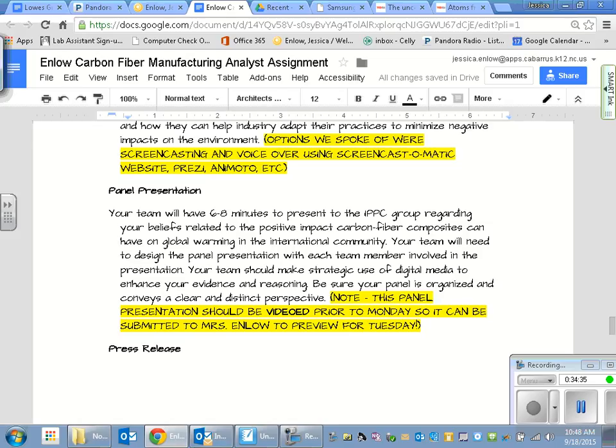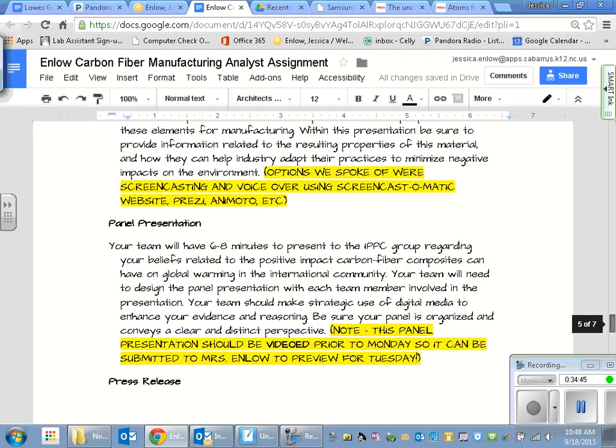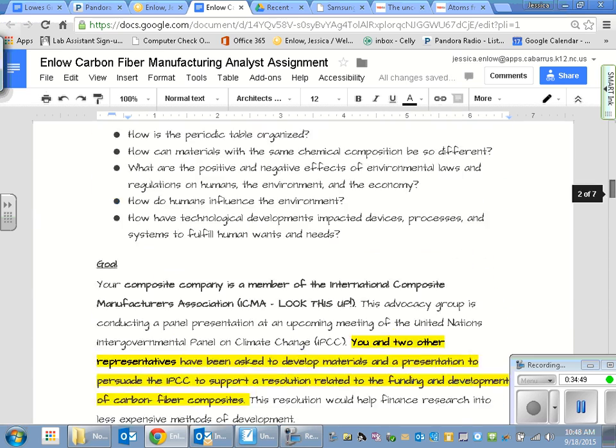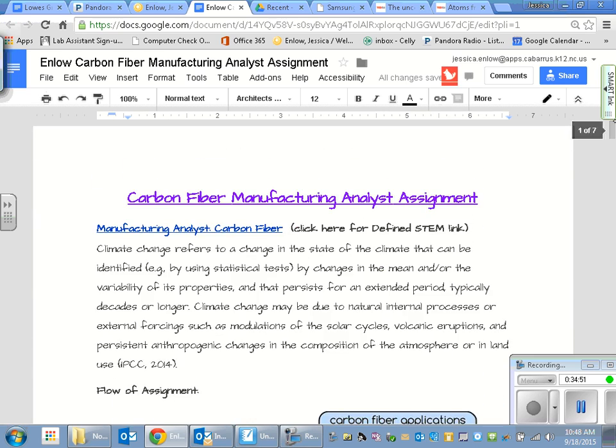I actually added some highlighted things under the projects, the crafty part of it, where you might need to find some extra information. Or like, you should video this before Monday or Tuesday. You can use a Screencast-O-Matic thing. So make sure you're assigning roles and making sure people are getting stuff done today. The computers are for you. You have a little under an hour. Okay? Go.